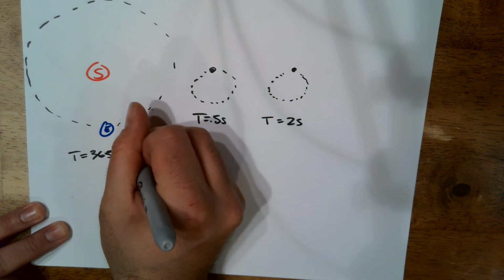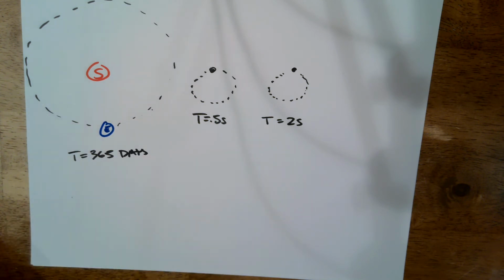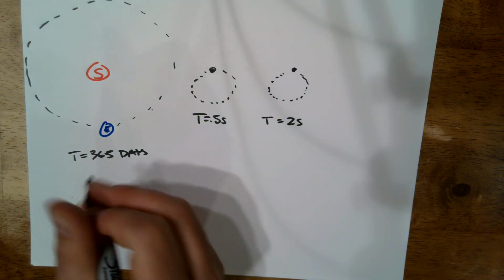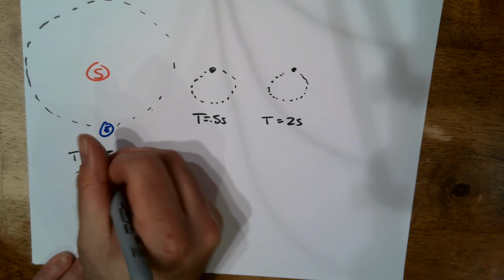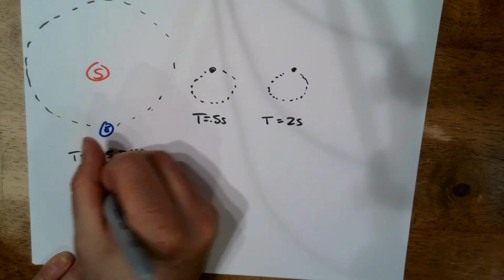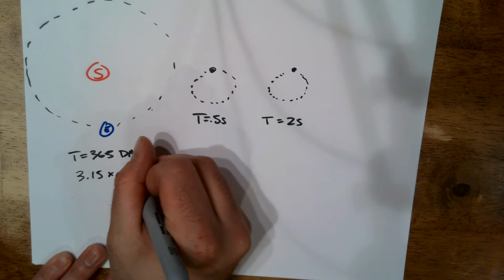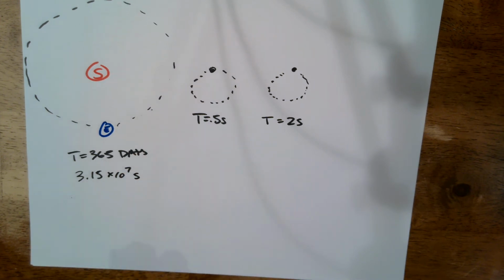Now we want to be in seconds. So essentially, if we multiply 365 times 24 times 60 times 60, that should get us the amount of seconds in a year. So this would be best measured in seconds. We'll report it in scientific notation. I'll just say 3.15 times 10 to the 7 seconds. That is an extremely long amount of time.